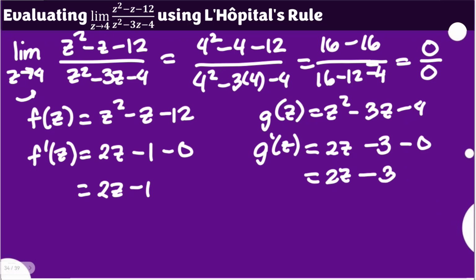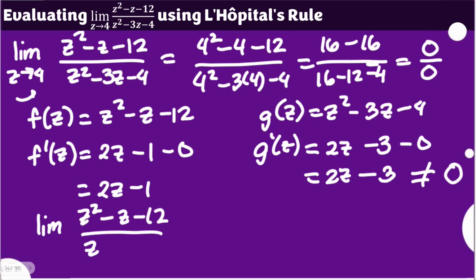Now this tells us that L'Hopital's rule is actually applicable because the derivative of our denominator is not equal to 0. With that, the limit of the original function, z squared minus z minus 12 over z squared minus 3z minus 4 as z approaches 4, which was originally an indeterminate form, according to L'Hopital's rule, is just equivalent to the limit of the ratio of the corresponding derivatives.